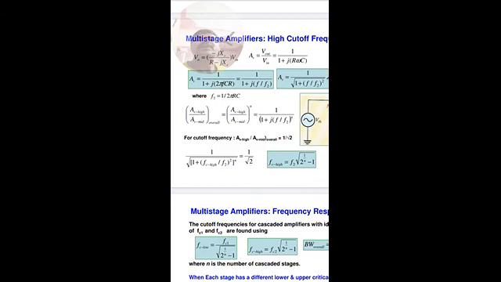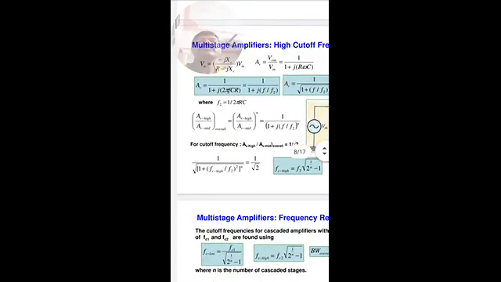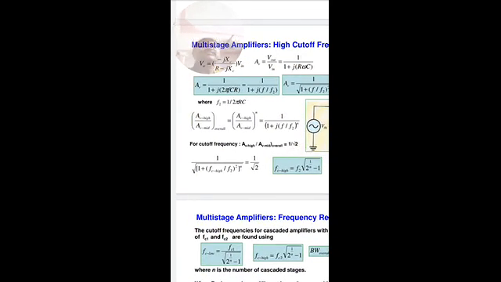So taking the ratio of AV high to the mid frequency overall gain, that is AV high by AV mid to the power of n stage, is equal to 1 by 1 plus j f by f2 whole to the power of n.